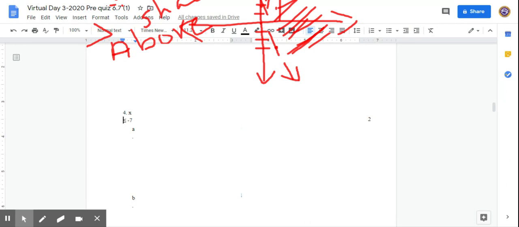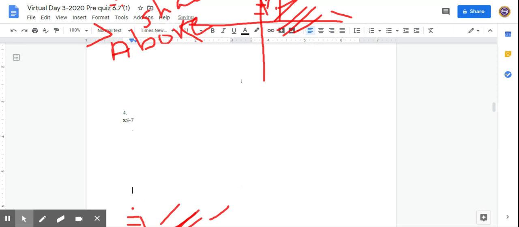Number 4. Let's see if we can fix this. X is less than or equal to -7. All right. So now we have to say, ding, ding, ding, there's no y here. There's only an x. What does that mean? That means it's one of those special lines. It's either vertical or horizontal.